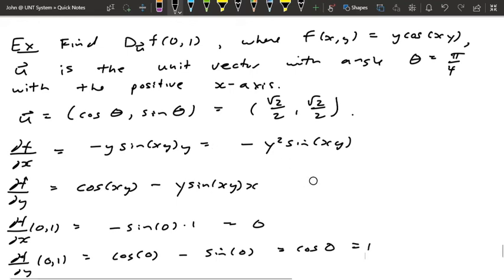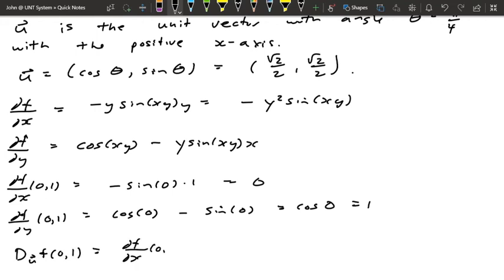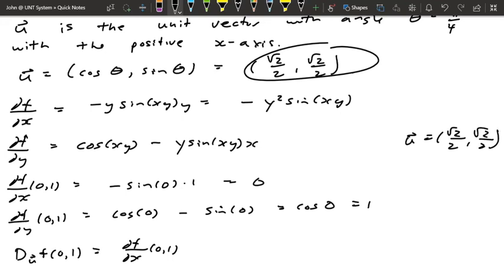Okay, so using the formula above, this directional derivative is going to be del f del x at 0, 1 times a. In this case, a and b are the components of this vector up here, and a and b are both root 2 over 2.